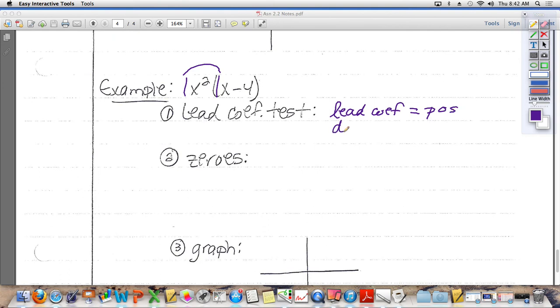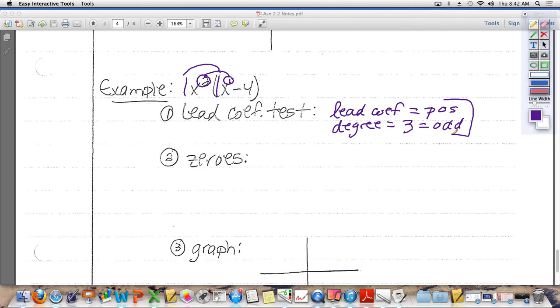What about the degree? Is it even or odd? Okay, be careful, because this is squared, and it's going to be multiplied by an x. So when you multiply x squared by x to the first power, you're going to get x to the third power. So the degree is 3, which is odd. What does it tell you if the degree is odd and the lead coefficient is positive?